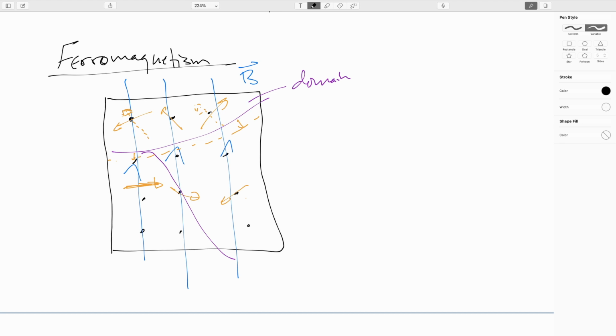If you have a lot of small crystals in a metal, it's not going to be particularly magnetic just because the domains don't have any room to grow in. But if you have, say, soft iron, which is basically just one giant crystal of iron, then you can grow out the domain across the entire object.